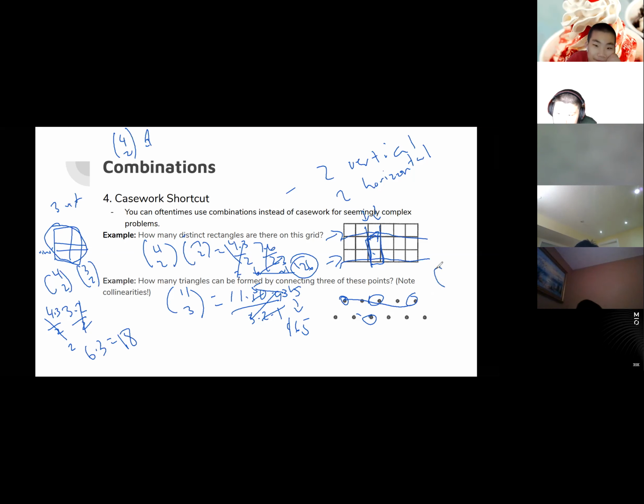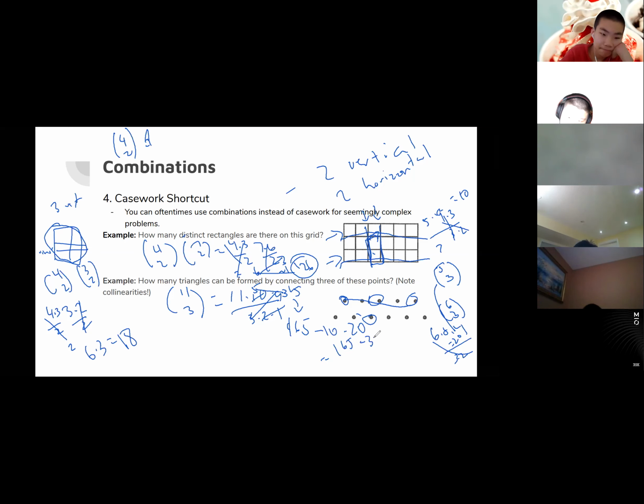There are 5 choose 3 ways to choose 3 points from the top row, and 6 choose 3 ways from choosing 3 points in the bottom row, which will also not work. 5 choose 3 is equal to 5 times 4 times 3 divided by 3 times 2. That cancels, equals 10. 6 choose 3 is going to be 6 times 5 times 4 divided by 3 times 2. That cancels, you end up with 20. So it's going to be 165 minus 10 minus 20 equals 165 minus 30 equals 135. So that's going to be our answer for this one.